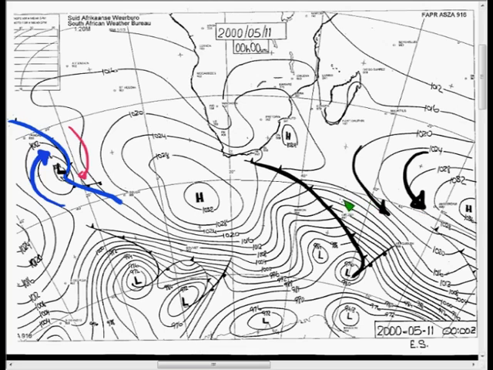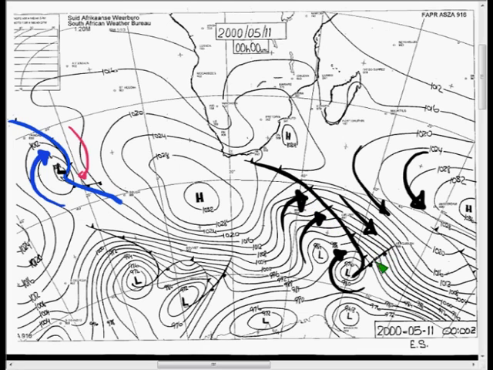That's the South Indian anticyclone, gives us a northwesterly flow ahead of the cold front. And then clockwise around the low, and this low is really just part of that. We've got a southwesterly wind behind the cold front.